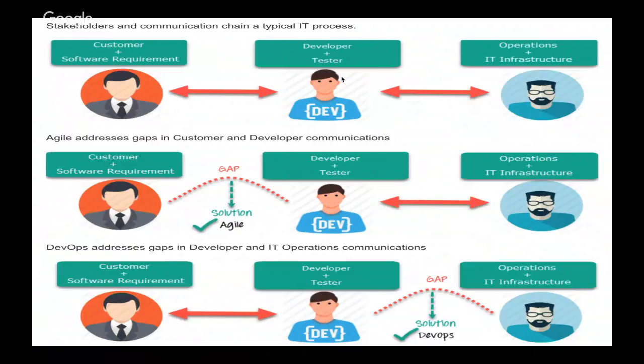In an ideal situation, if you want to grow, you want no gap, no misunderstandings, no miscommunications between your users, customers, and your development team, then Agile. And if you want no communication gap, misunderstandings, or issues between your development team and IT operation, then DevOps.